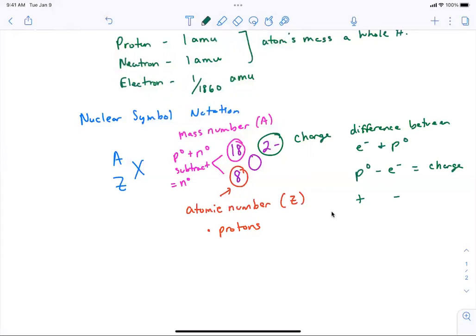Just don't subtract a negative. Just subtract the number. So in this example, 2 minus tells you that if you have 8 protons and your charge is 2 minus or negative 2, then X has to be 10. So you have 10 electrons in this structure.